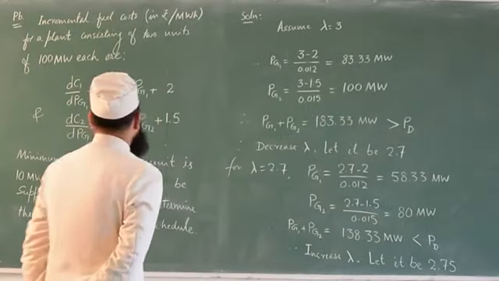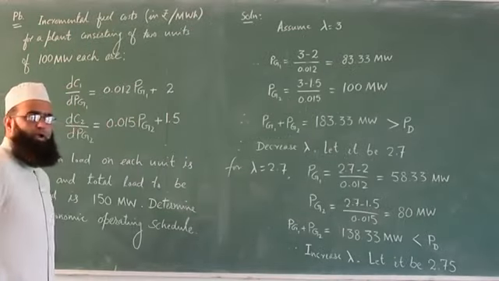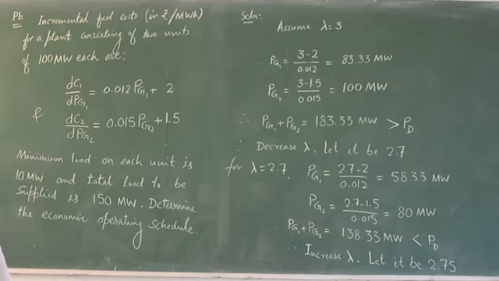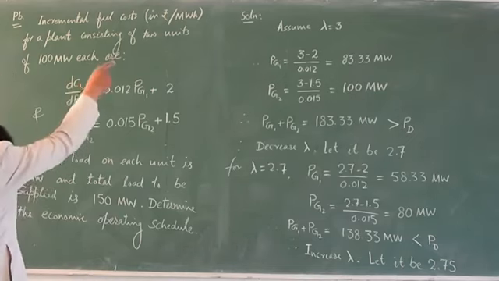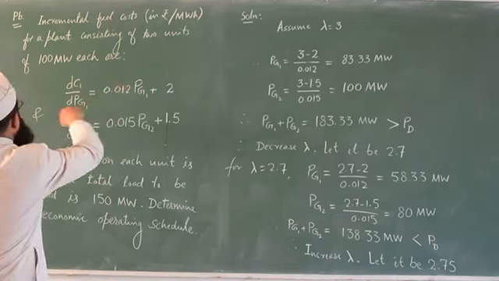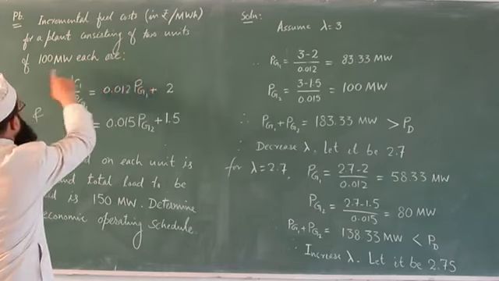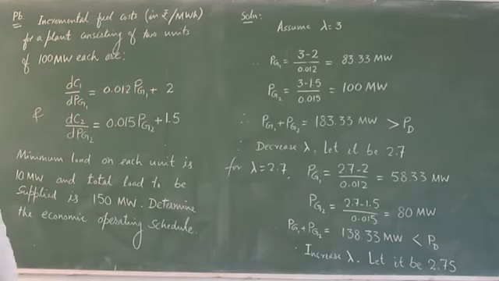Now, let us solve one problem on economic operating schedule. The incremental fuel cost in rupees per megawatt hour for a plant consisting of two generating units of 100 megawatt each is as follows.